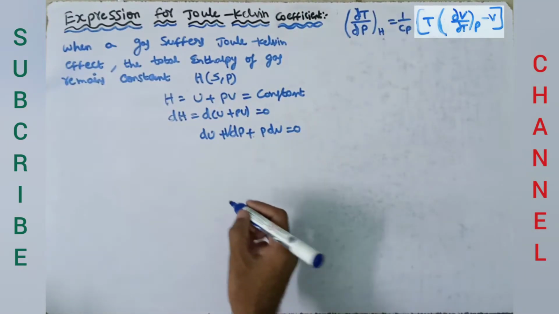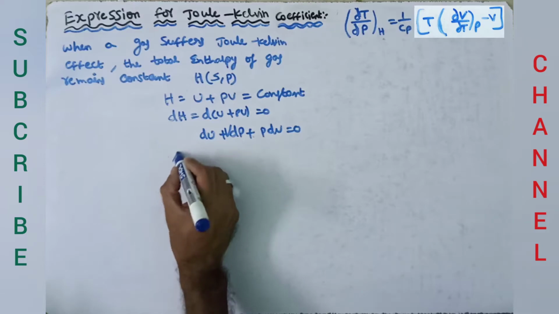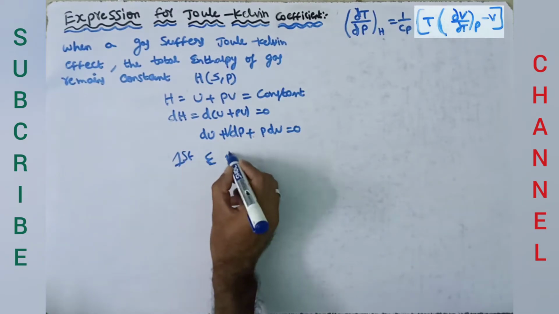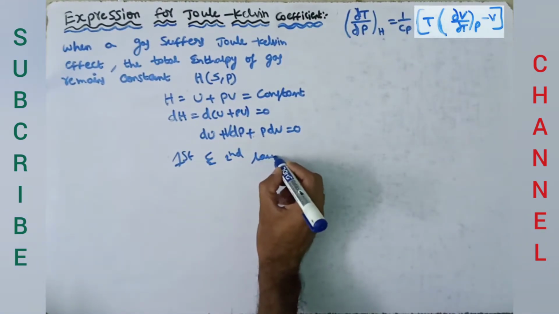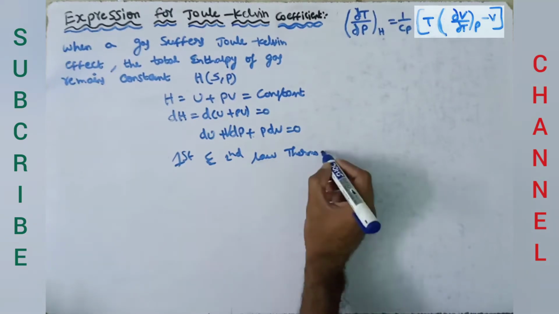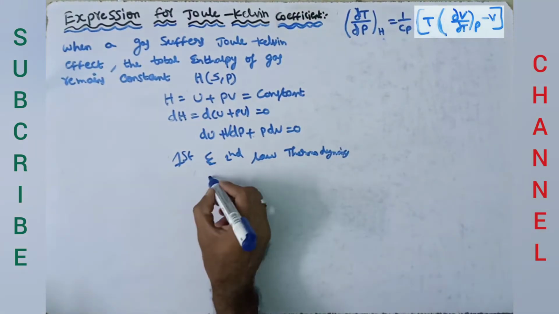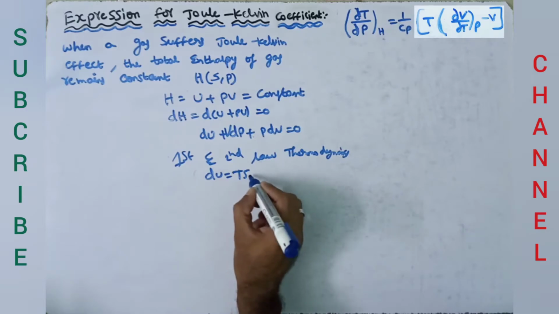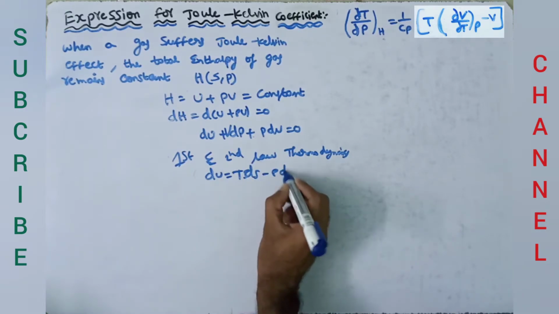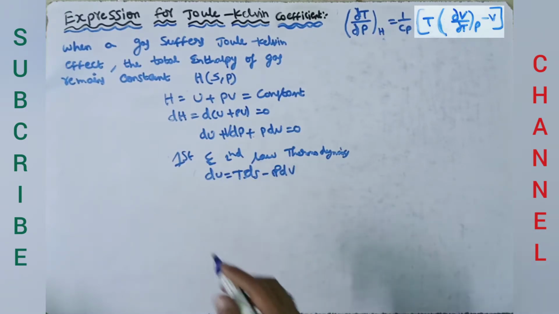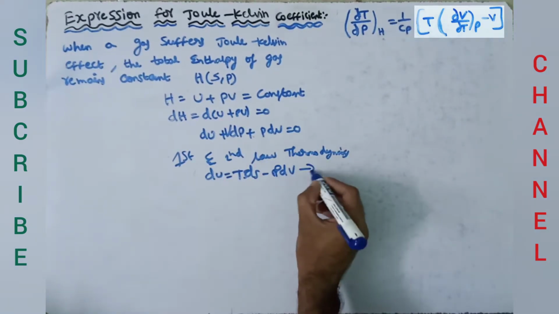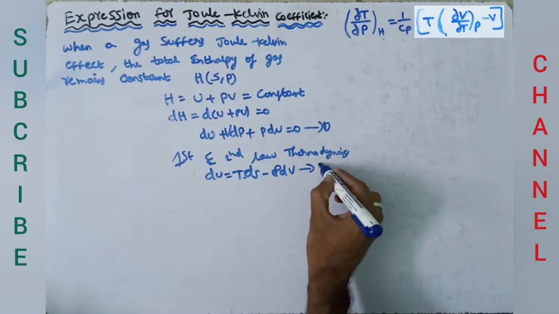We have, from the equation joining the first and second law of thermodynamics, dU is equal to TdS minus PdV. In the place of dU, we substitute this equation. This is equation 1, this is equation 2.